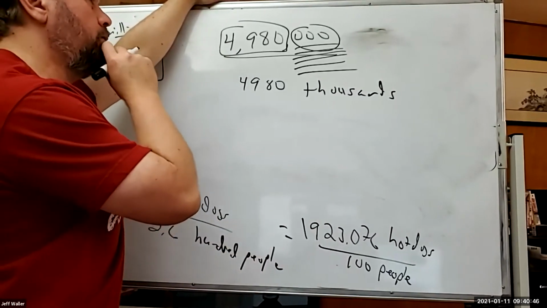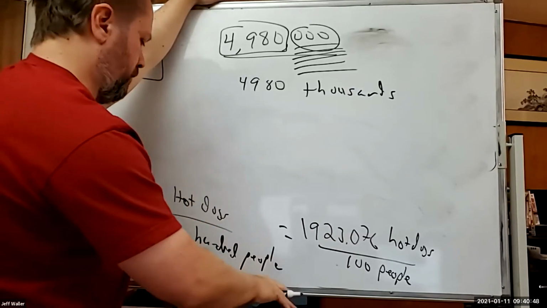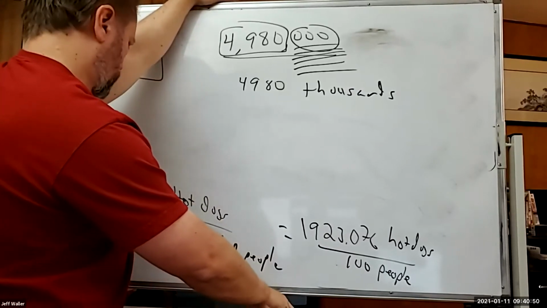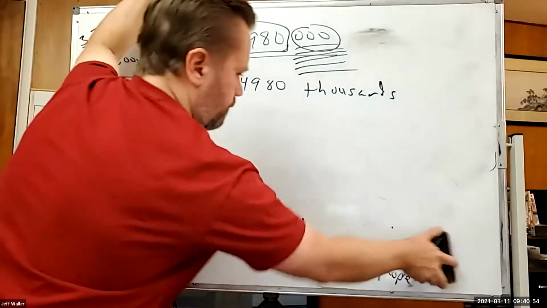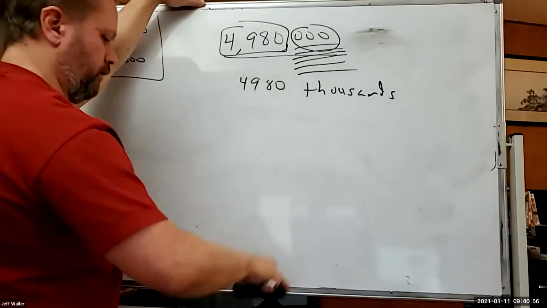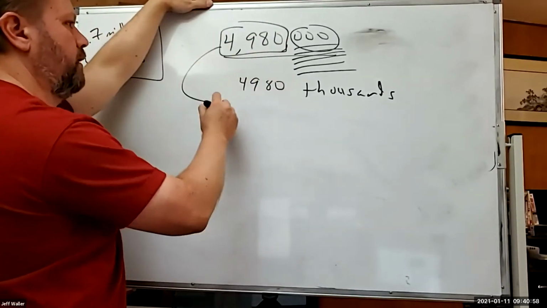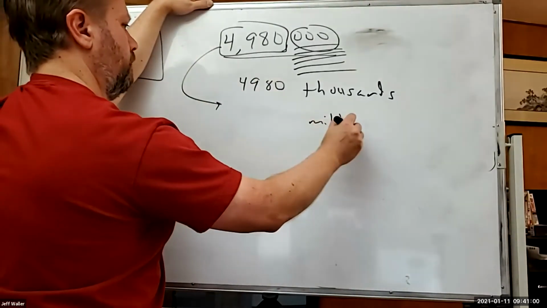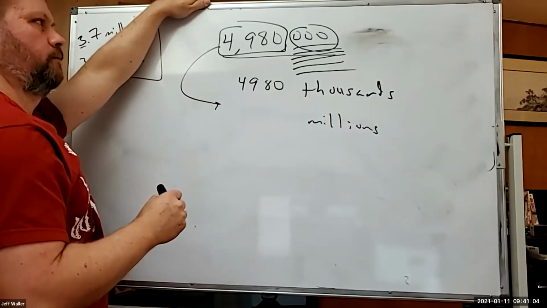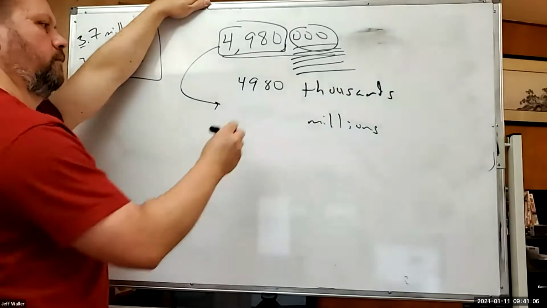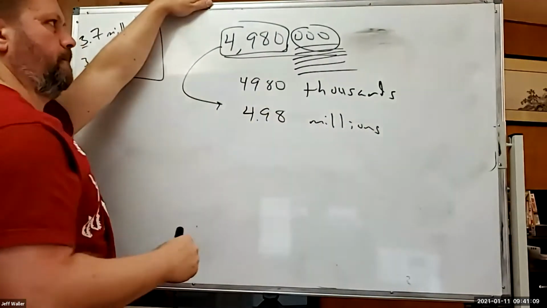I could show you another way to do that problem. Before I do it, let me ask you this: how many millions is this? 4.9 million. 4.98. Yeah.